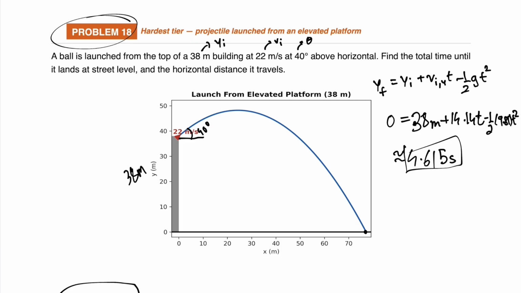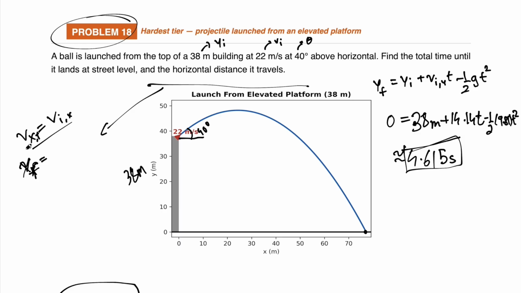Now, the other thing I need to find out is the horizontal distance it travels, right? So that's just Vx, or x final. Vx is equal to Vi x, and Vx final is the same as Vi x.